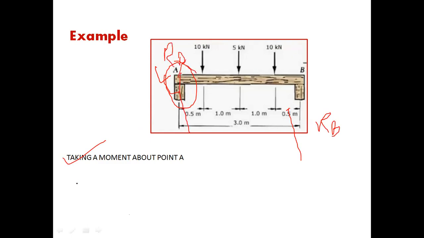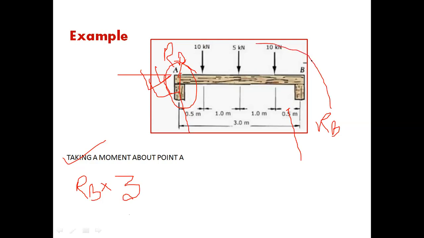Then we can easily write RB into the distance. If we stand at this point, how do we take this moment? Because all the forces are acting on the right hand side of the beam, we can take moments about this point. RB is upward. How much distance from point A? It is 3. It is clear.